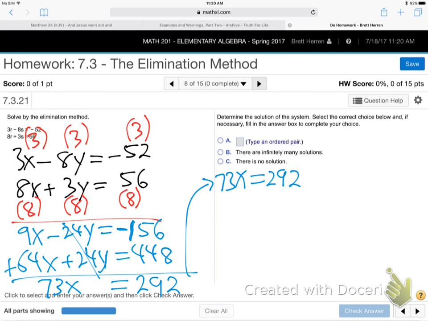Y'all getting to there? So I'm hoping that when I divide by 73, I'm going to get something nice and clean. Is it just 4? Yes. That's when you know you're on the right track, right? It's like, yeah, I've got to be doing something right. That's a clean answer. 4. So we got x. Now plug in for y.